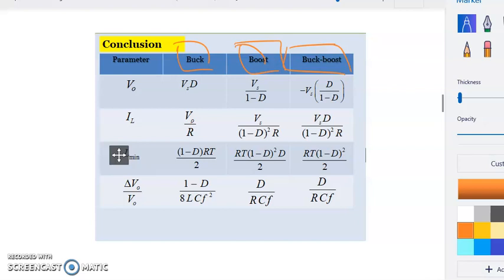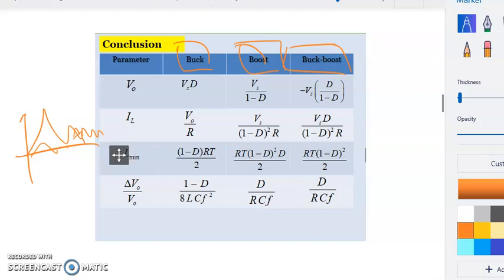This is your minimum required inductor value to have your circuit operating under CCM, meaning the current will flow above 0, continuous current mode.